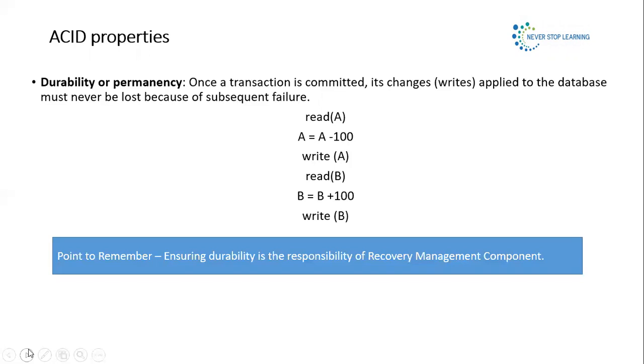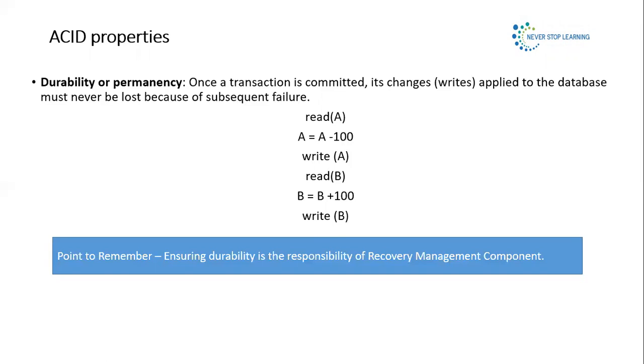Now, if our transaction is committed, let us suppose we were transferring the money from account A to account B. Here the amount is debited from account A, and then because of this instruction the amount is credited to account B, and the final write will update the database, the value of A also, the value of B also. And if we then do the final commit, the value will be permanently stored in the database.